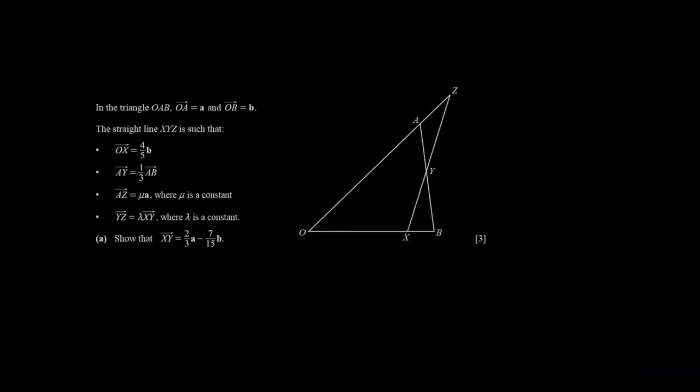All right, so here we are in a vectors question in the triangle OAB. OA is the vector A, OB is the vector B, and the straight line XYZ is such that OX is 4/5 of B, AY is 1/3 of AB, AZ, that guy there, is equal to mu A, and YZ, which is that guy there, is equal to lambda of XY, which is that.